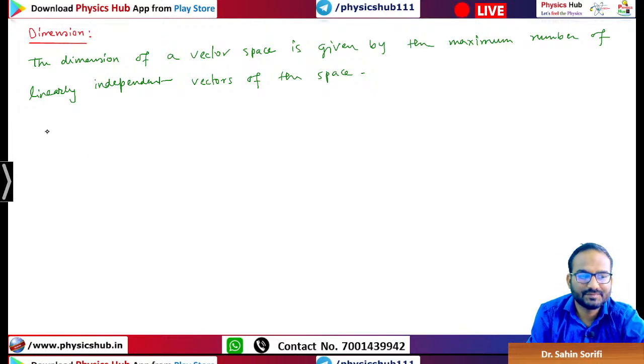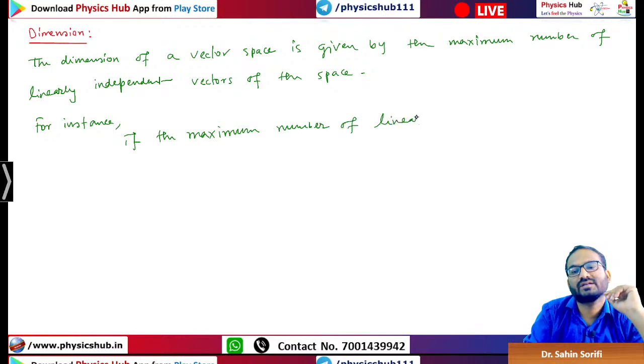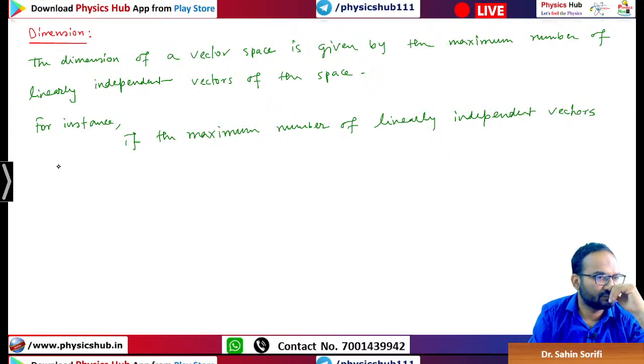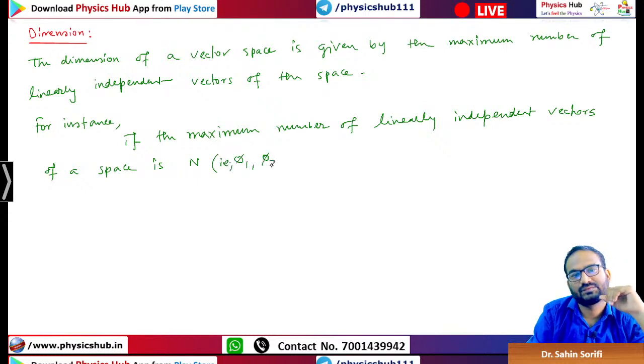Let's say for a space, if the maximum number of linearly independent vectors of a space is n, let's say phi 1, phi 2, phi 3 to phi n.